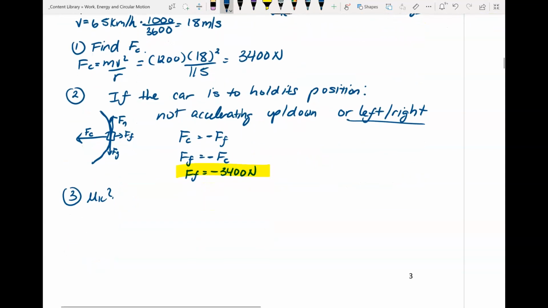I'm just going to take what I have from here and replace frictional force with our formula for frictional force, which is mu k times Fn. We're solving for mu k.